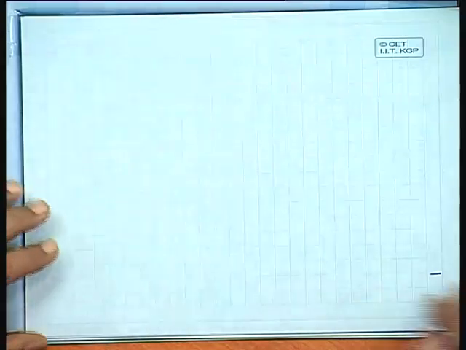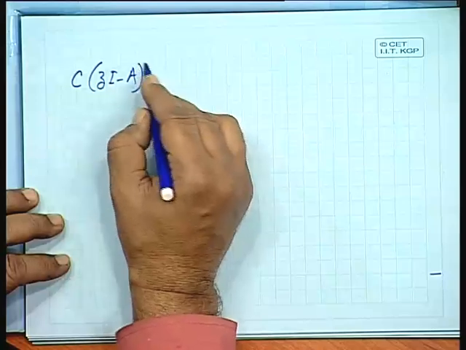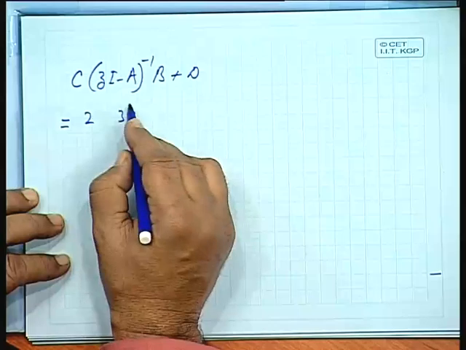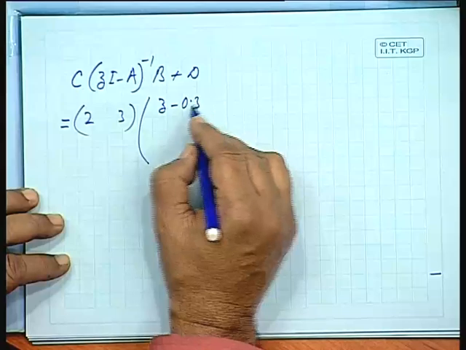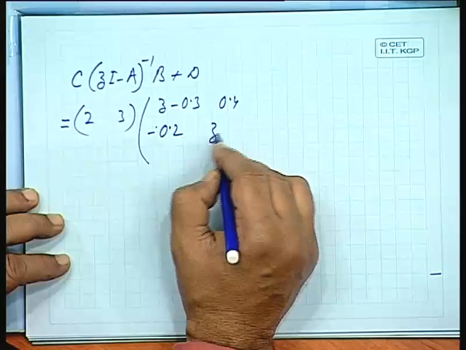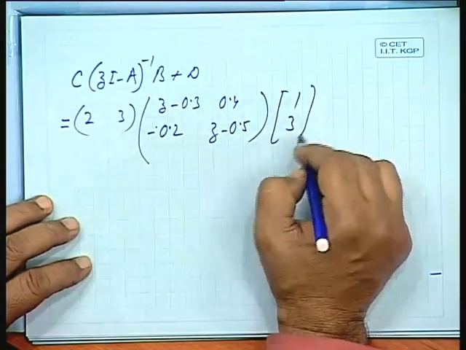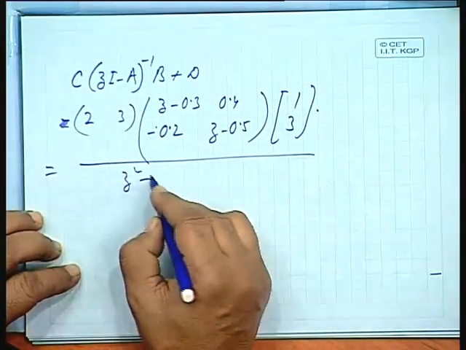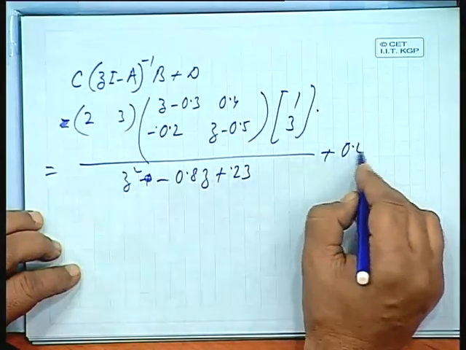So, C into (Zi minus A) inverse B plus D turns out to be 2, 3, then you have Z minus 0.3, 0.4, minus 0.2, Z minus 0.5 into B, that is 1, 3. Whole thing divided by Z square minus 0.8 Z plus 0.23, plus 0.4.